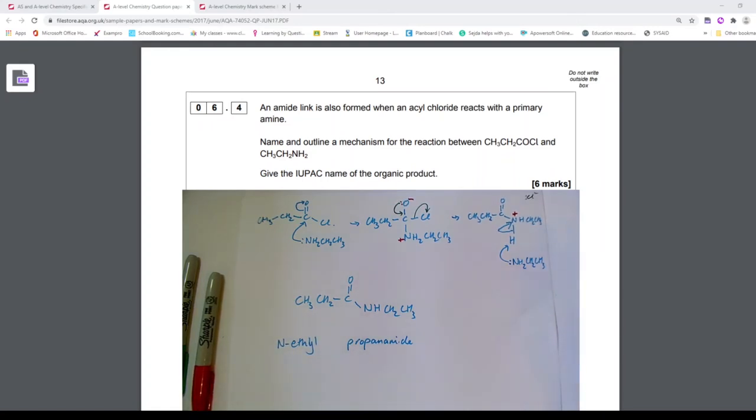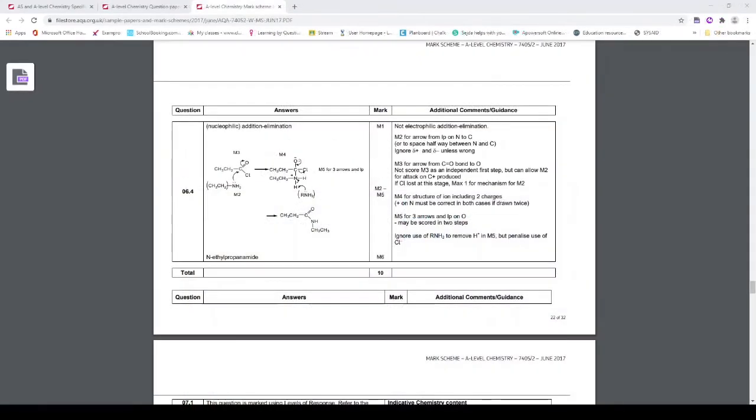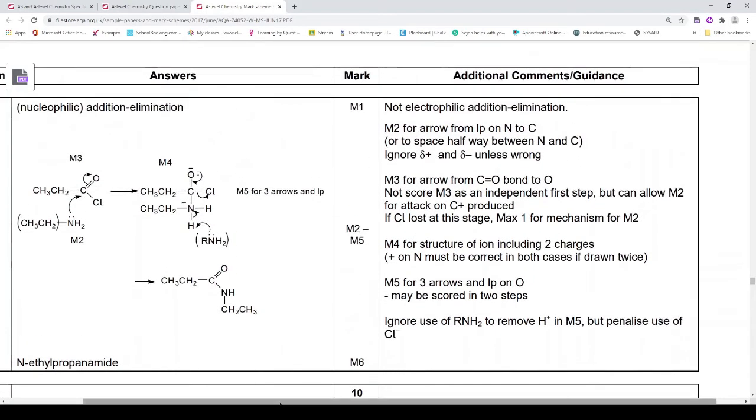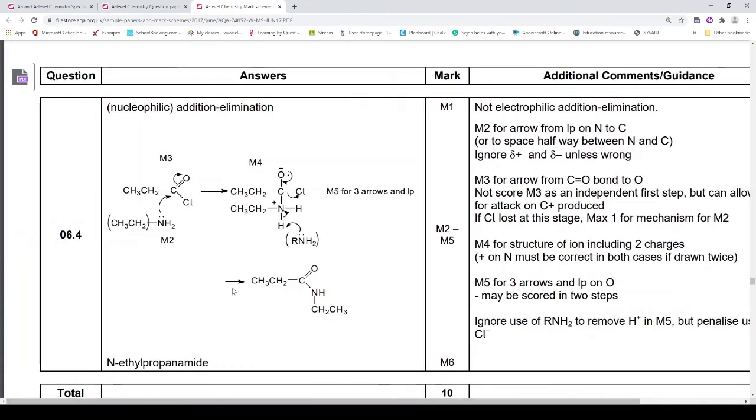Right, let's have a look at our mark scheme. So here we go. I might need to just zoom in a little bit so you can see a bit better. There we go. So let's look at this. So this is the first step. So here we've got the ethylamine with the nitrogen and a lone pair going to there.